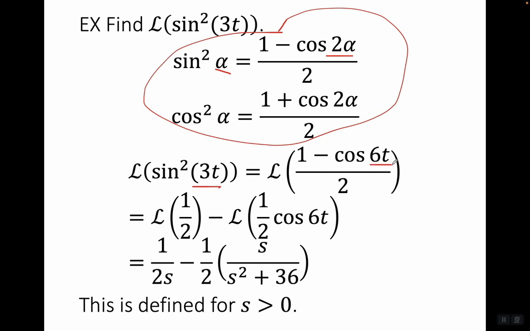Let's break up the right side. That's L of a half minus L of 1/2 cosine 6t. That's 1 over 2s minus 1/2 times s over s squared plus 36. Now, the first term is defined for all values of s, no problem there, and the second is defined for s greater than 0.